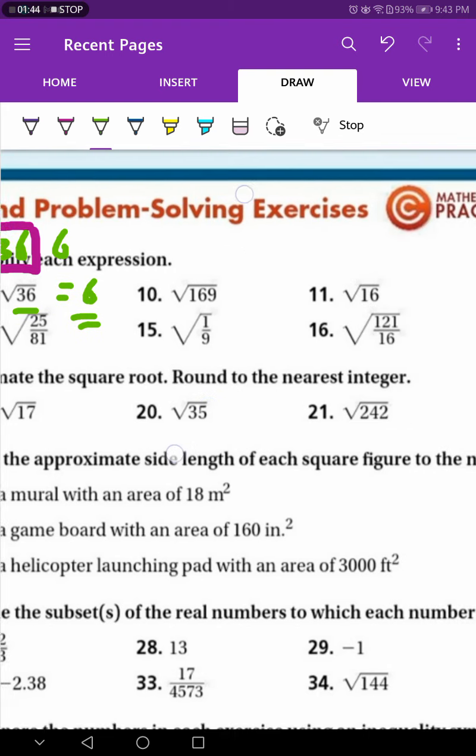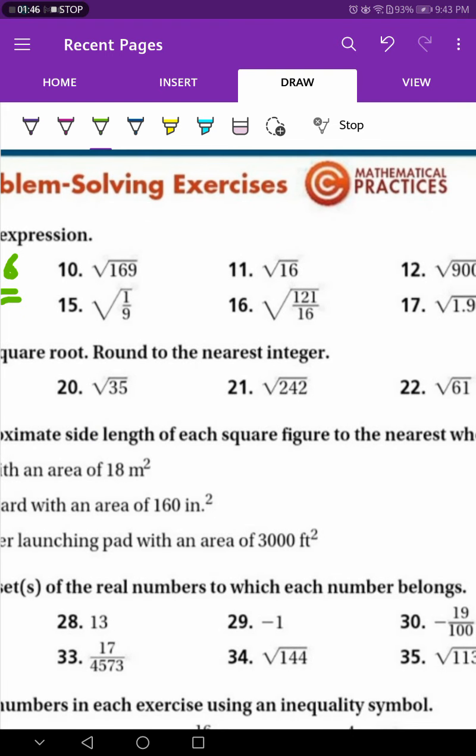Let us take another example here. Question number 10. Here I have a square, and this square's area is 169, and you try to find out what is the length of the side of this square.